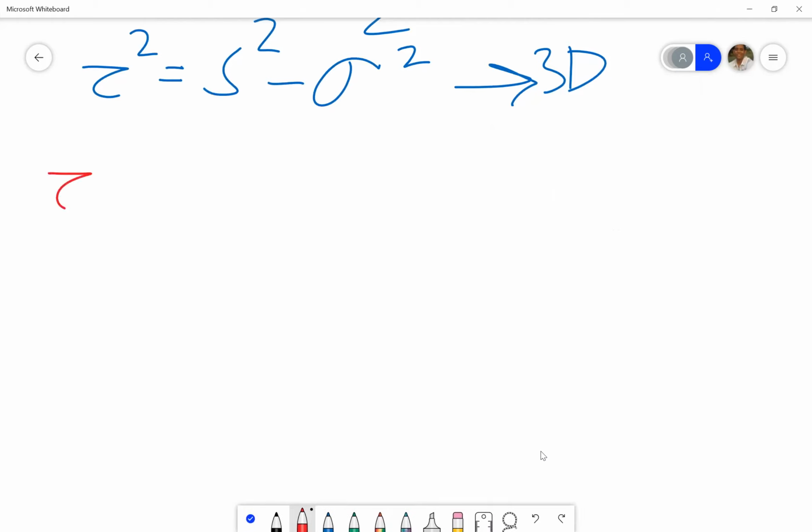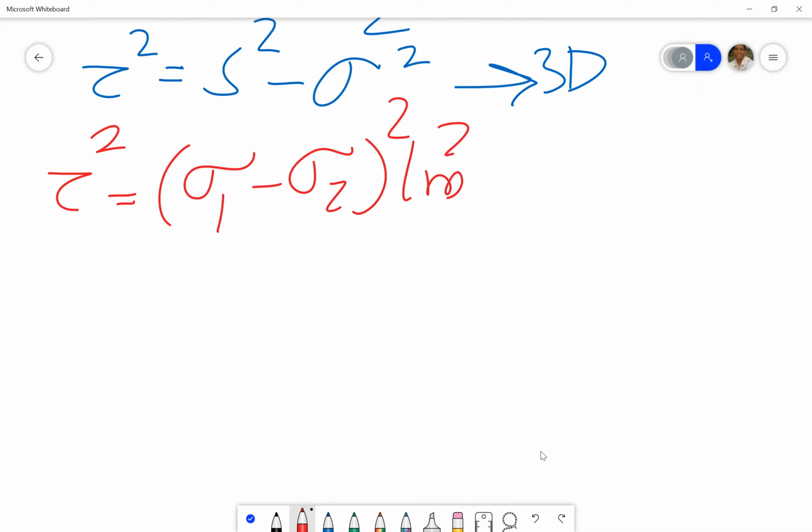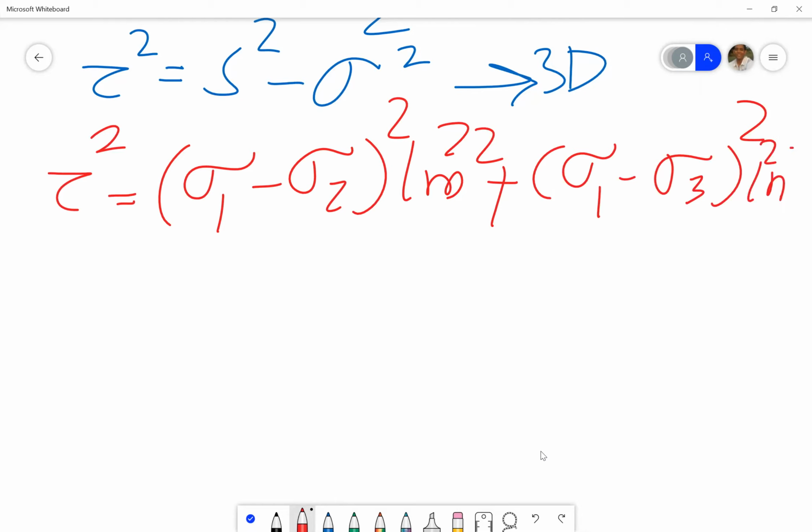The equation for tau square is written by putting the values of sigma 1 minus sigma 2 square L square M square plus sigma 1 minus sigma 3 square, where sigma 1 and sigma 3 means here we will multiply L square and N square.